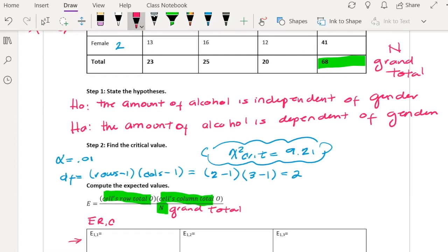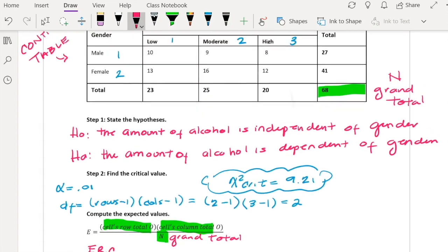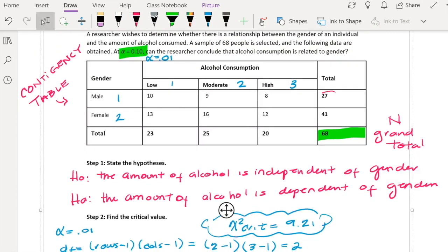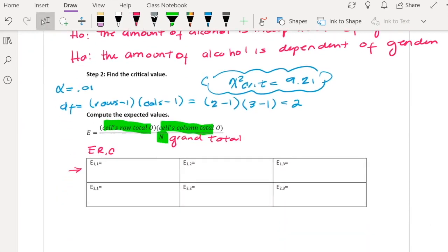So for this cell, I'm doing row 1, column 1: row 1 total times column 1 total divided by the grand total. 27 times 23 over the grand total, which is 68.